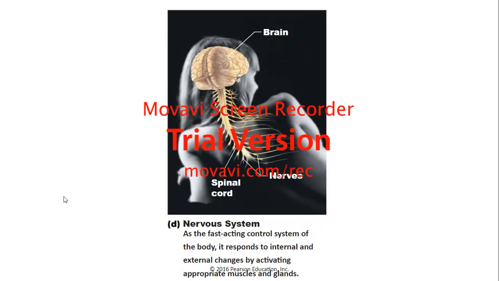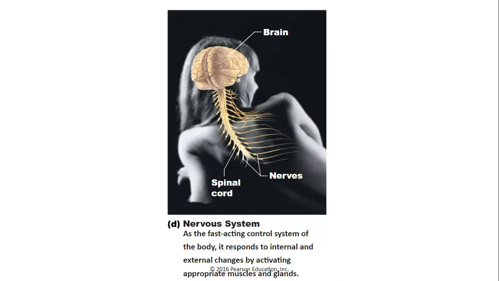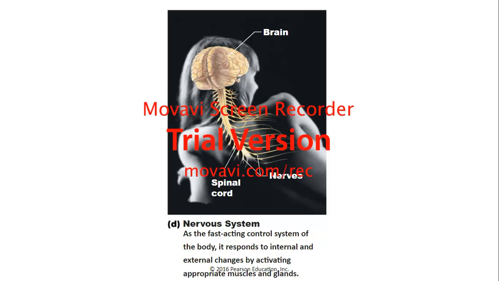Nervous system. All right. So the control center of our body is the nervous system. Our brain, spinal cord, and the nerves, in the central and peripheral nervous system. They essentially respond to the external changes that are going on.